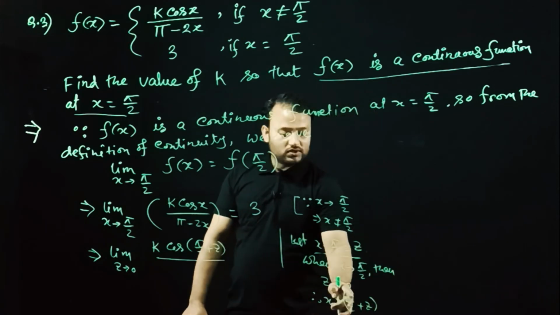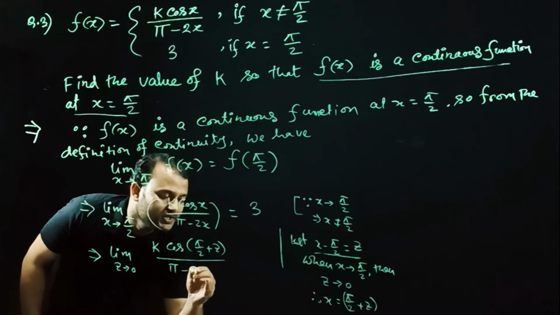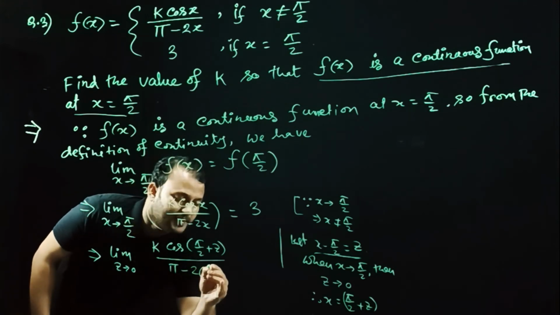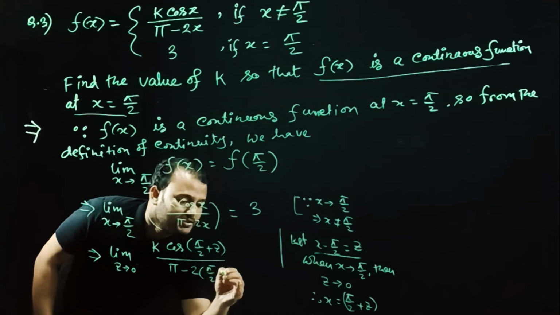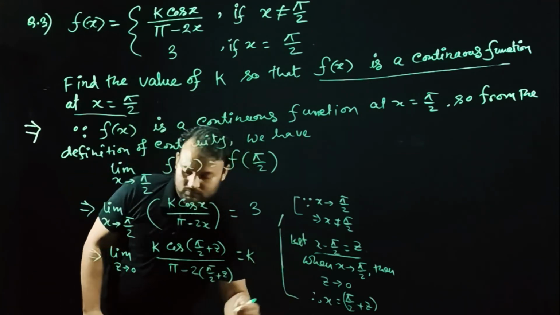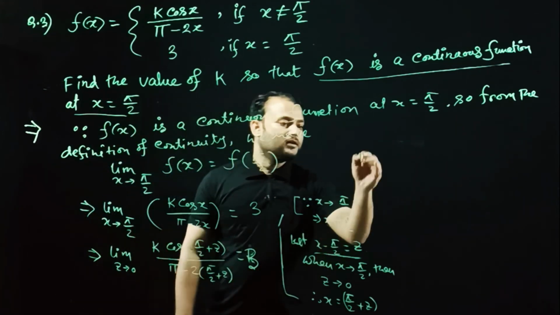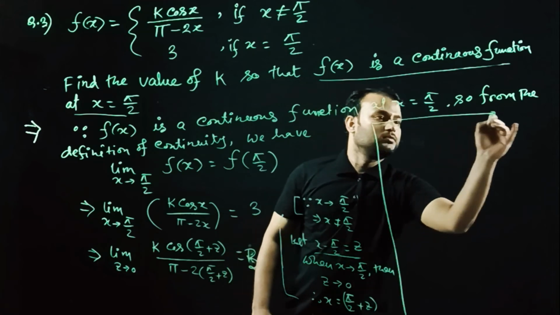Putting pi by 2 plus z in place of x, pi minus 2x becomes minus 2z.